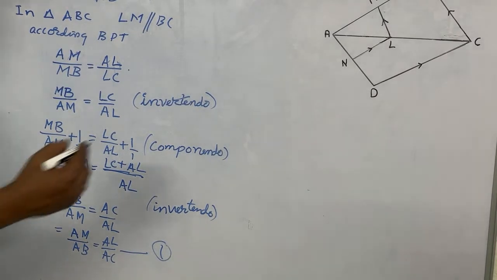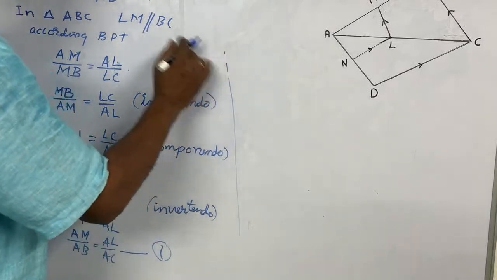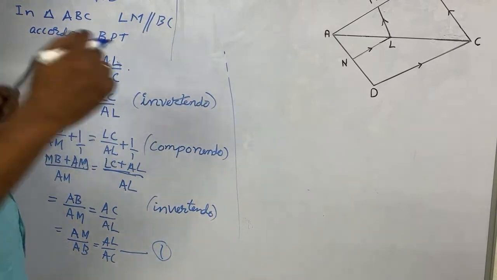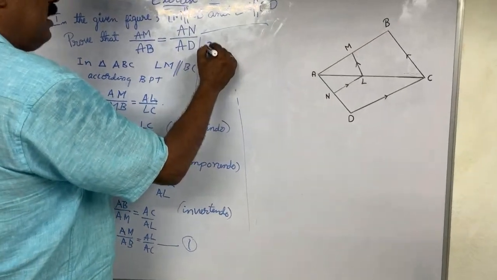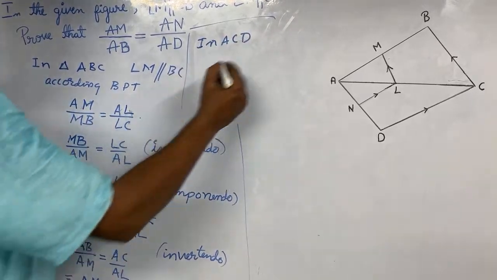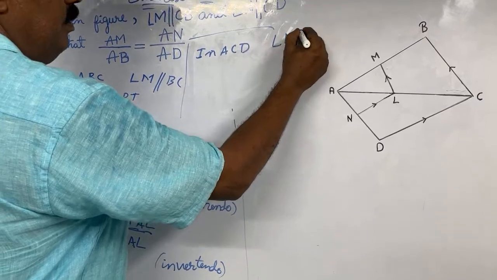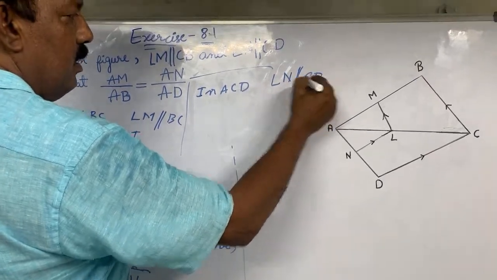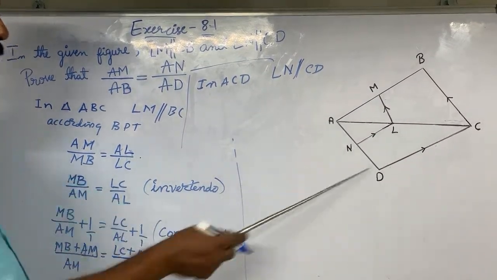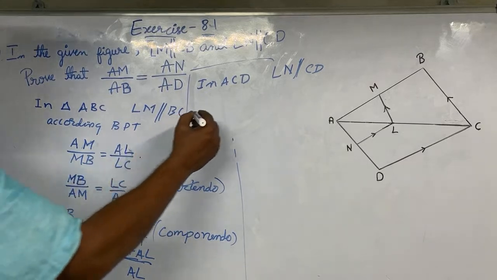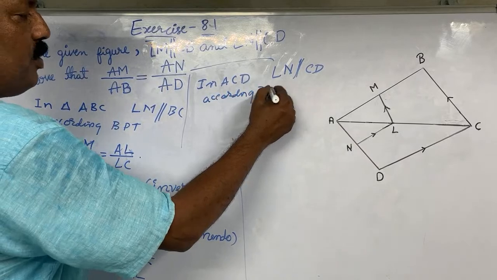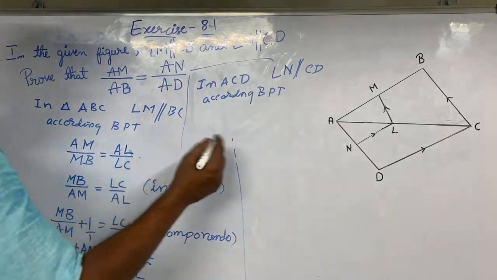Now come to the next point. I am going for another triangle. What is the other triangle? ACD. In the triangle ACD, LN is parallel to CD, which is already given. If LN is parallel to CD, then according to the basic proportionality theorem, what ratio will we get?